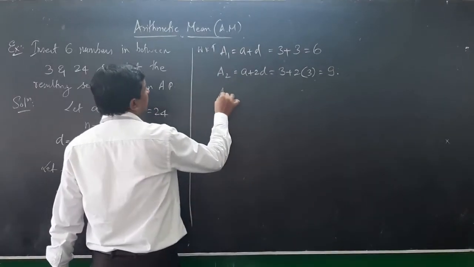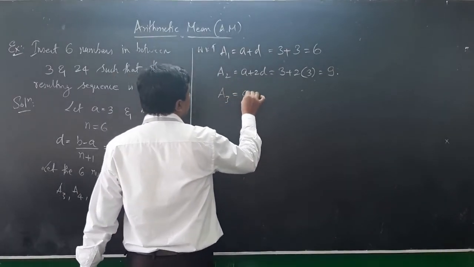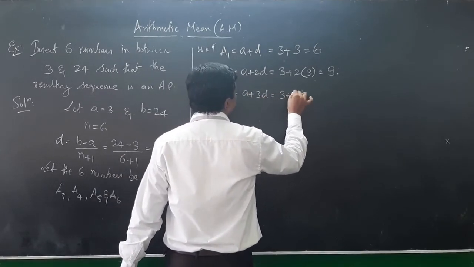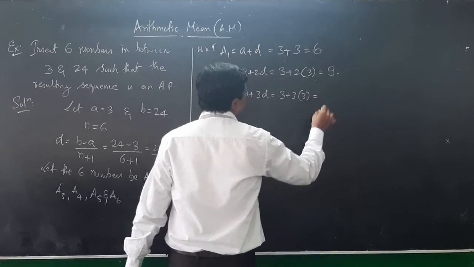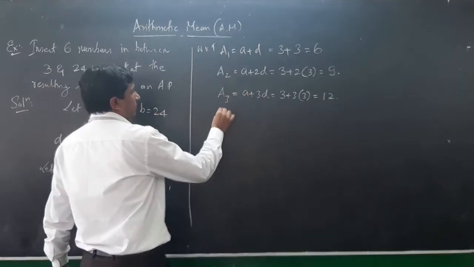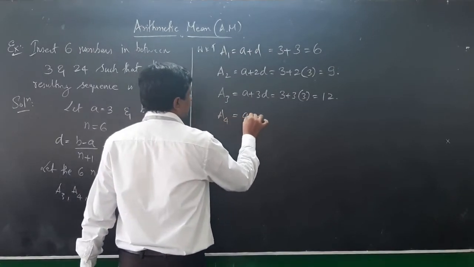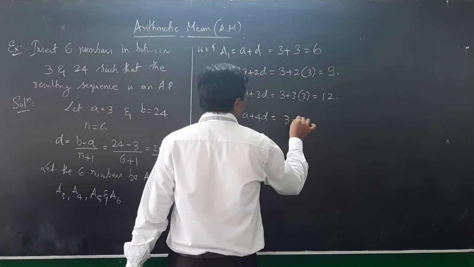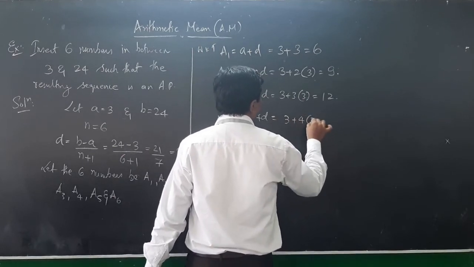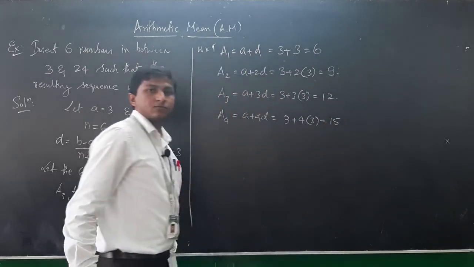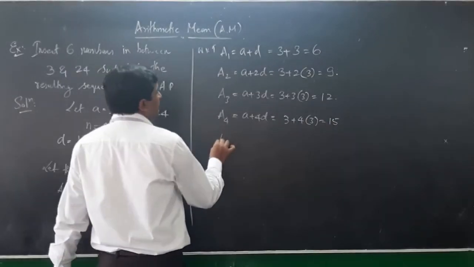Similarly, a3 will be a plus 3d. So that is 3 plus 3 into 3, which is 12. a4 is a plus 4d, which is 3 plus 4 into 3, which is 15. Similarly, a5.